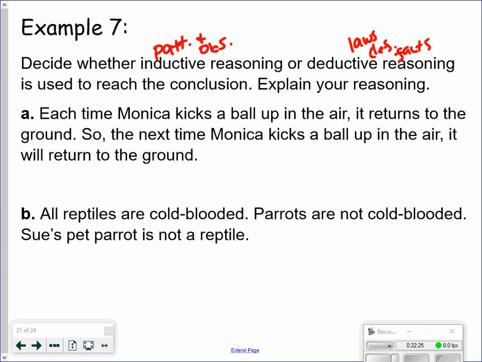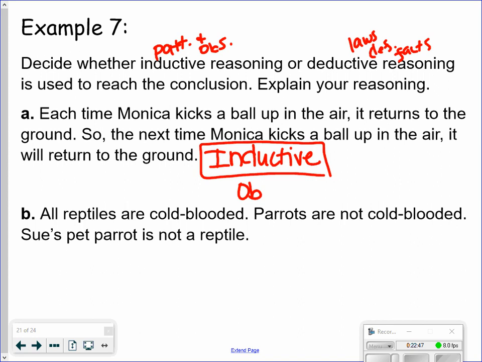But the way that they're wording this is not saying, oh, based off of the law of gravity, if a ball goes up in the air, it comes down. The way that they stated this is each time Monica kicks a ball up in the air, it returns to the ground. They're observing Monica kicking a ball and it coming back down. So because they're observing, this is inductive. This was an observation.